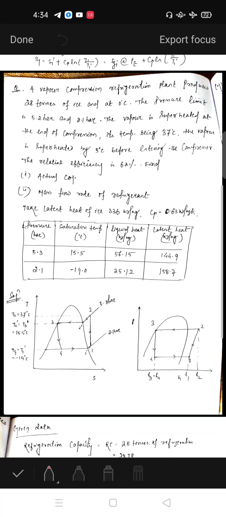The question says a vapor compression refrigeration plant produces 28 tons of ice at 0 degree centigrade. So the refrigeration capacity is 28 tons of ice.